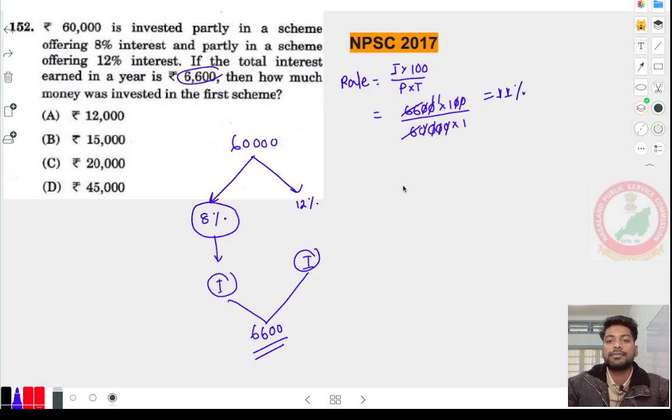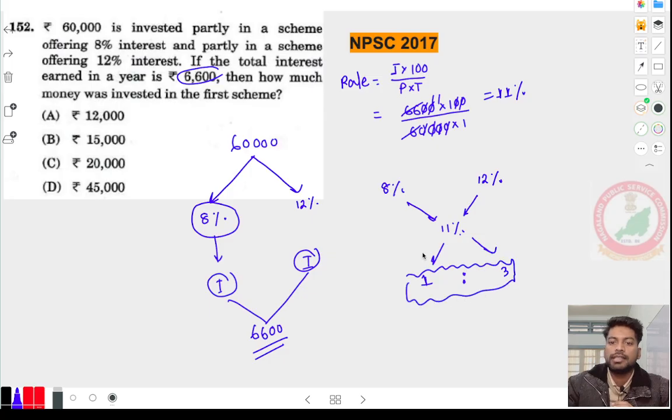Now make the butterfly format. How to write the butterfly format? देखो, 8% I am investing in the first scheme, second scheme 12%, and write 11% here. Now take the differences. What is the difference of 11 and 8? 3. Write 3 here. What is the difference of 12 and 11? 1. Write 1 here. So you have invested the money in 1:3 ratio.